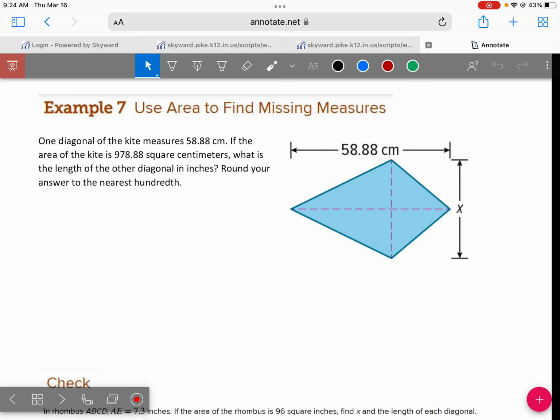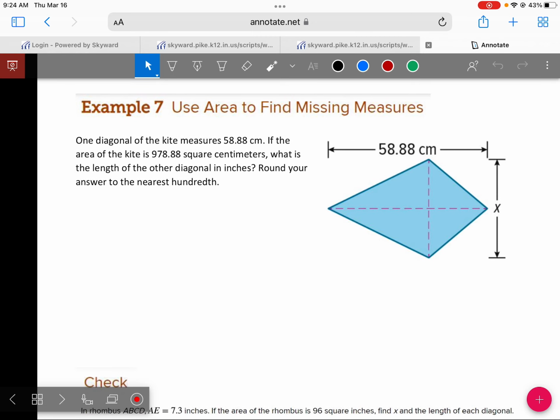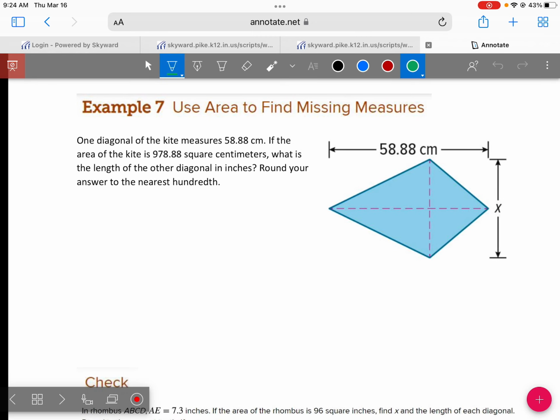So it says one diagonal of the kite measures 58.88 centimeters. So they are showing you this length is 58.88. Don't worry that that's not down beside it. That's an easy way to show the entire length is 58.88.